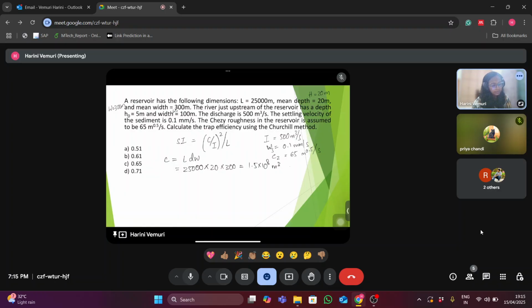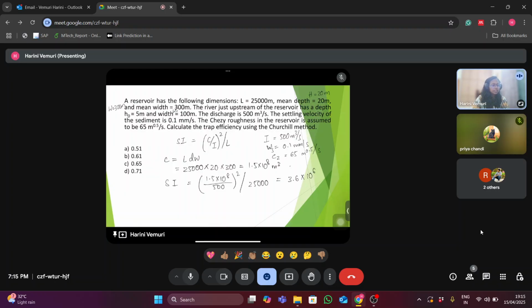Inflow rate is given as 500 meter cube per second and length of the reservoir is 25,000. So SI is equal to C by I, that is 1.5 into 10 power 8 by 500, whole square, divided by the length of the reservoir 25,000. Once you calculate it, the value will be 3.6 into 10 power 6.